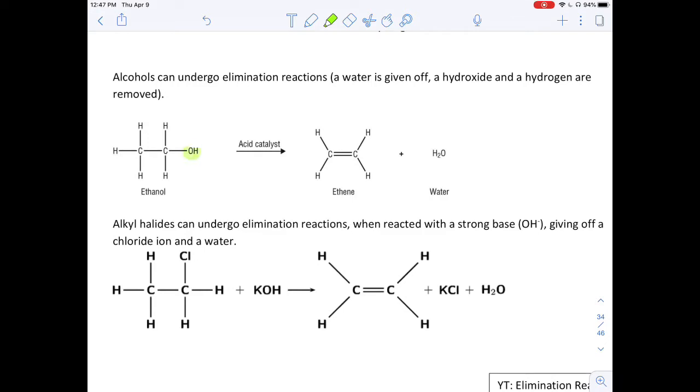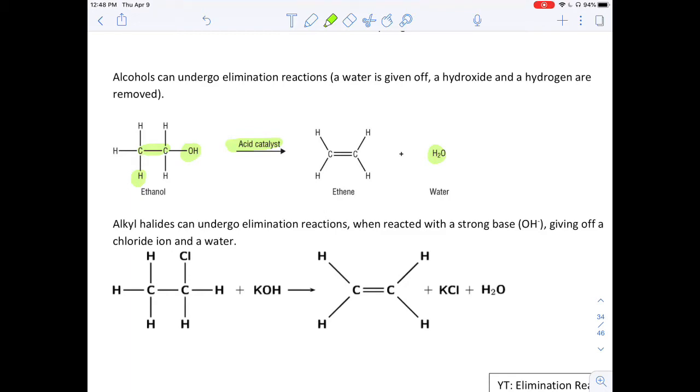So here we've got an alcohol, that hydroxyl and this hydrogen, in the presence of an acid catalyst, the hydrogen and the hydroxyl will make a water, and we get a double bond built between the adjacent carbons. And so we've got the elimination of some parts of the molecule to make a double bond.